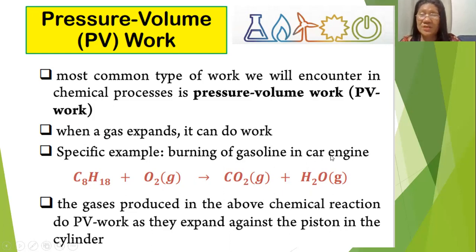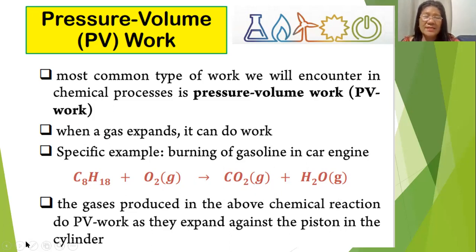Carbon dioxide and water. That is why in the steam engine, in the turbine of the car, water is also produced. Why? Because this is what happened with the fuel that you have. The octane with the presence of oxygen in the air will be converted into carbon dioxide and water.